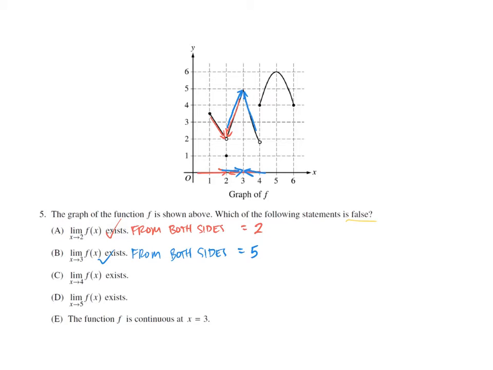The limit of f of x as x approaches 4 exists. Let's see. As we approach 4 from the left, following the function, it looks like it's approaching a value of 2.